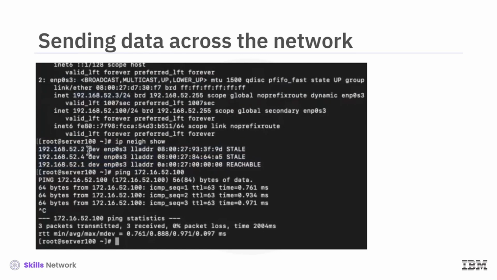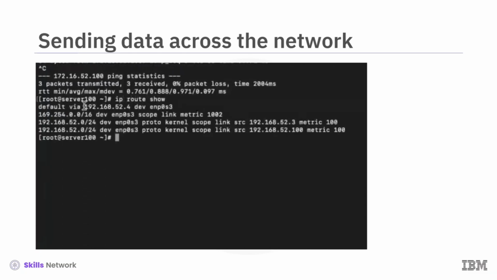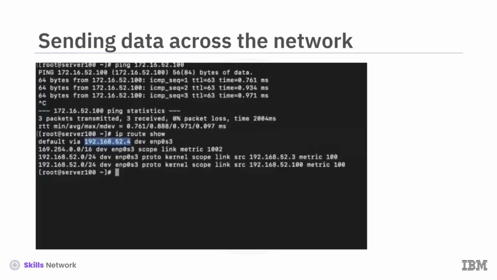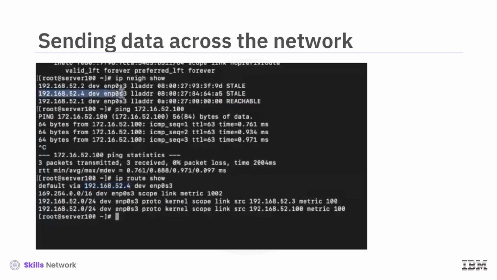When sending data to a remote IP address, you should know the MAC address of our default gateway. In this case, when you check the routing table, the default gateway IP address is 192.168.52.4. You can look up that address translation in the ARP table. The entry for this IP address is the physical address 08:00:27:84:64:A5.